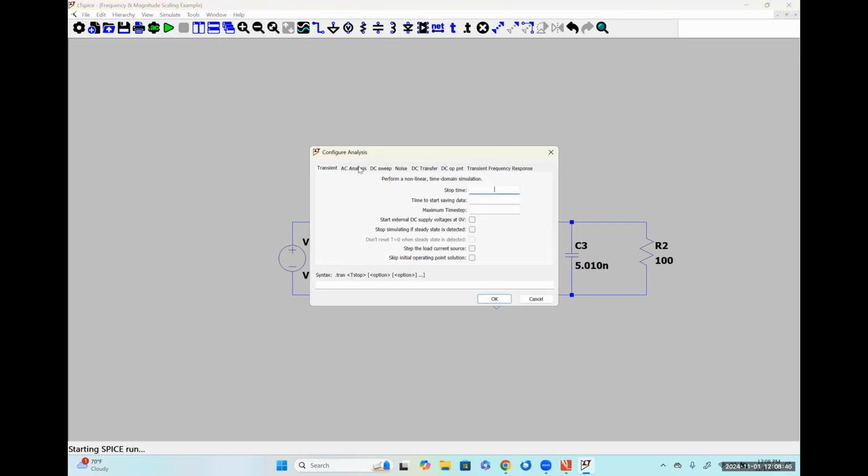Simulate it. AC. Decade. This is supposed to be at 50 megahertz. Okay, so let's just start at 1 kilohertz. Oh, that's not the right thing.